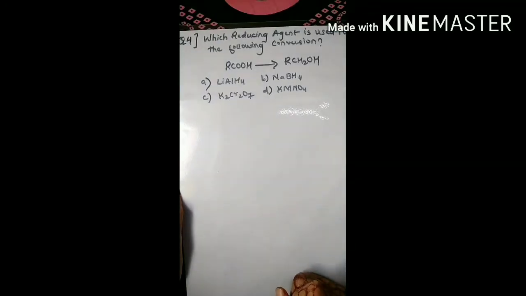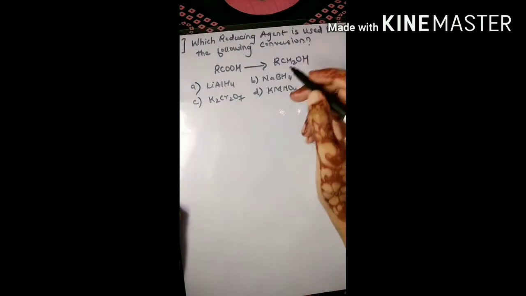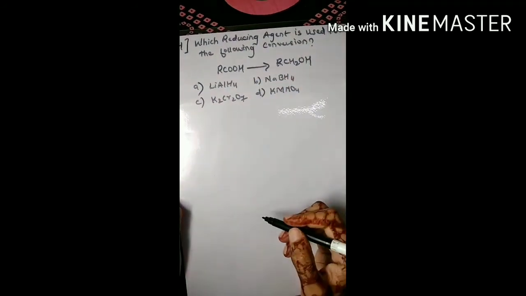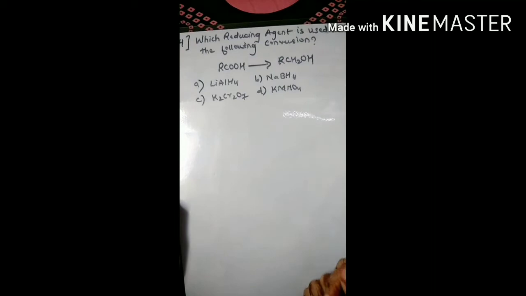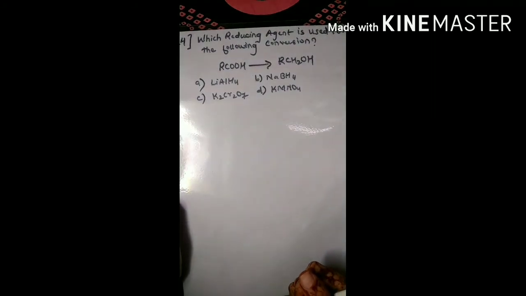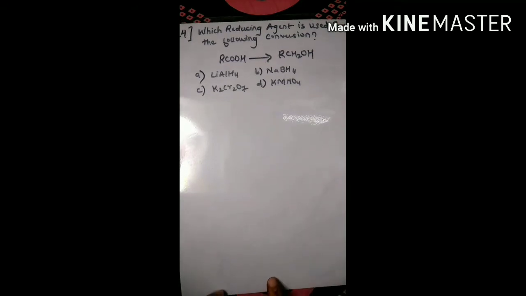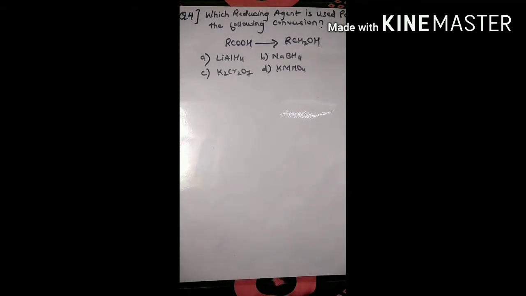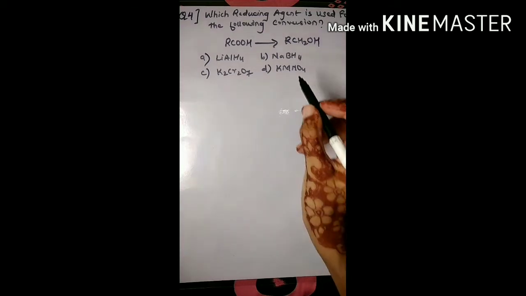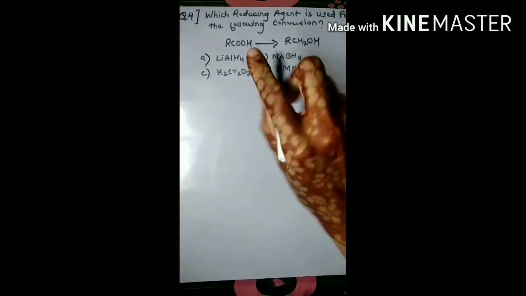So the next question we have is, which reducing agent is used for the following conversion? And here you can see acid is converting into alcohol and four options are given. So here you have to see that oxidizing agents are also present here, that is potassium permanganate and potassium dichromate. So we can cancel out these two options.